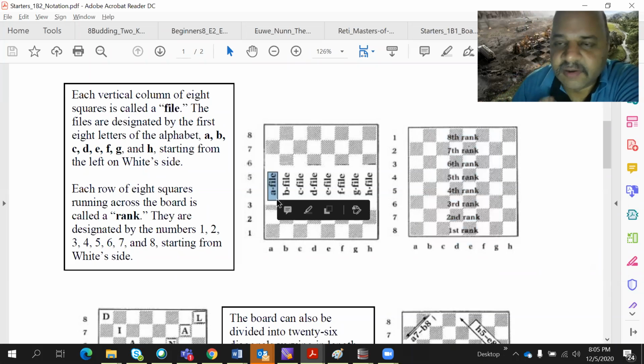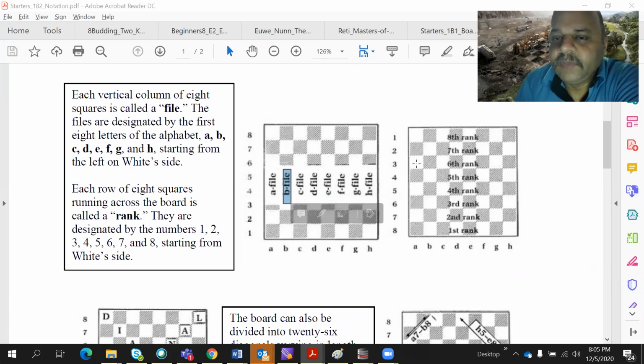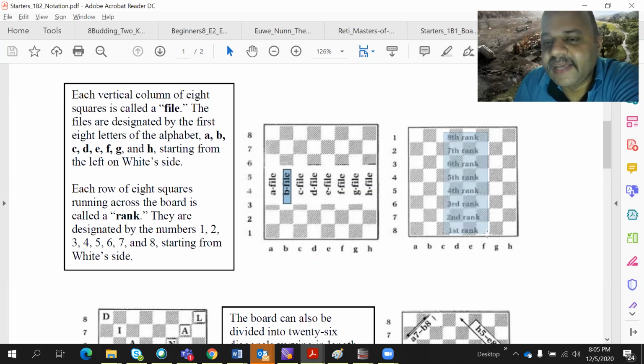One column used to go one behind the other, and then the next column of soldiers, and that used to be called a file. That is why in chess also we call it a file. That's how the foot soldiers, the infantry, move straight ahead. And then the ranks, because this is how the rows used to be organized.